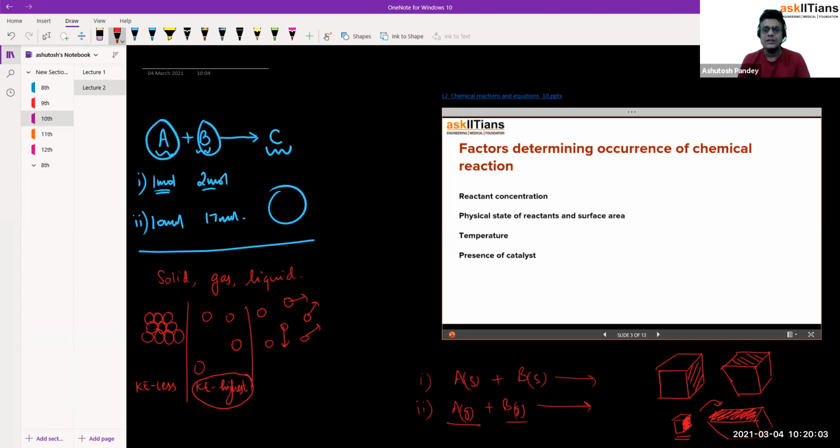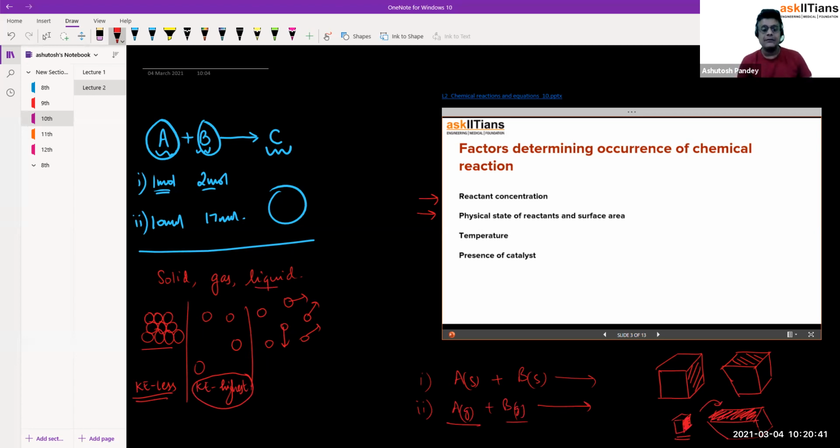Now the temperature. I hope you understood this already. Regarding temperature, we know that temperature determines the kinetic energy, the energy which a substance is holding. Any substance existing in solid form will have less kinetic energy. If it exists in liquid form, then it will have more kinetic energy than solid.